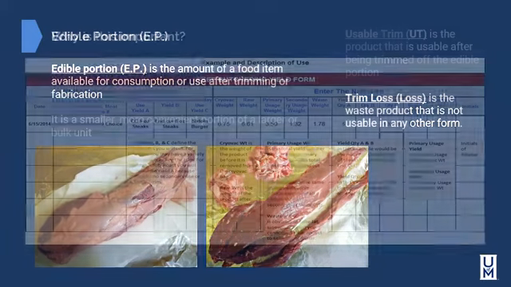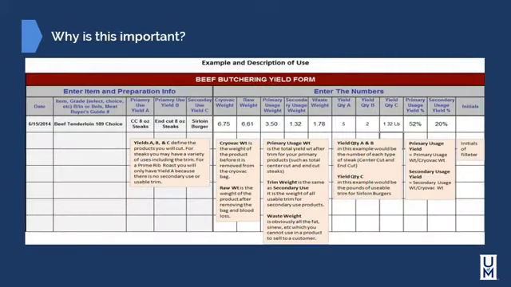Here's an example of a butcher's yield form. The reason we complete these is so that we can calculate our yield percent for further usage. If you are using the Book of Yields, you can access a lot of this information there and compare it to how well you do as a meat cutter, or product cutter of any kind, and see if you are on par with everybody else.